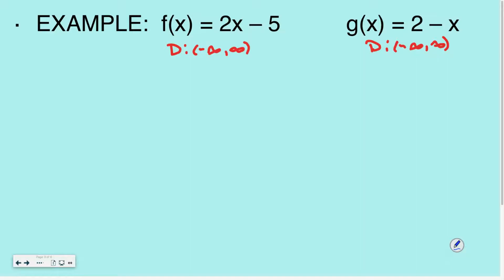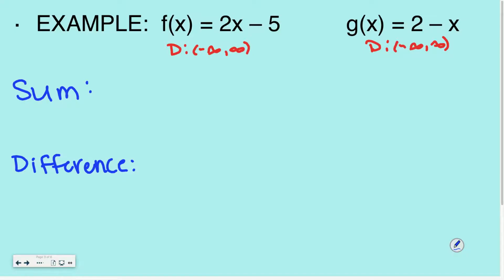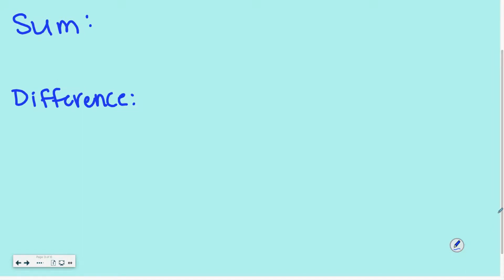Okay? So I'm actually going to ask you to work together at your pod to find me the sum, the difference, the product, and the quotient.